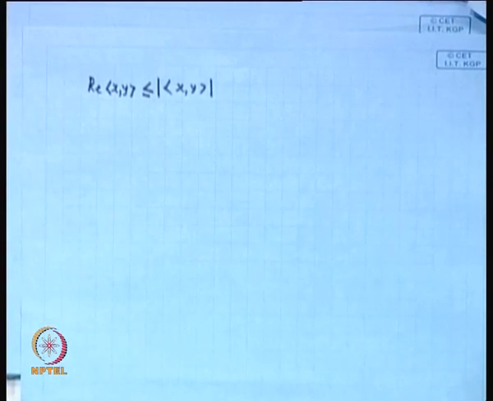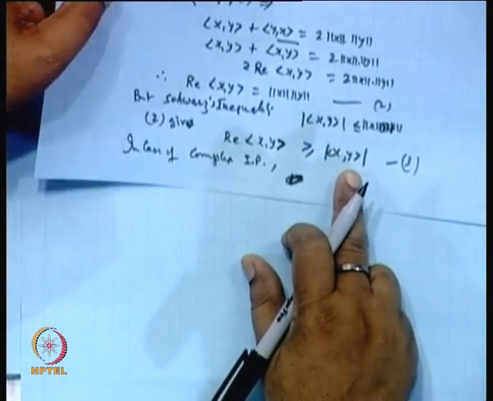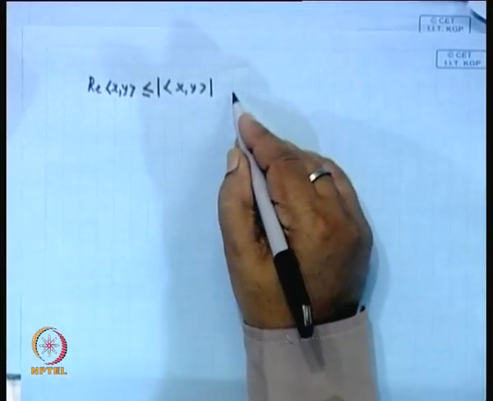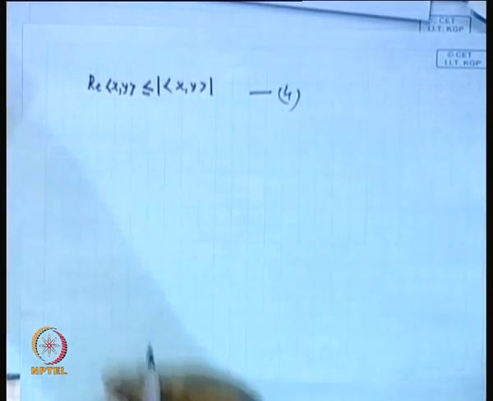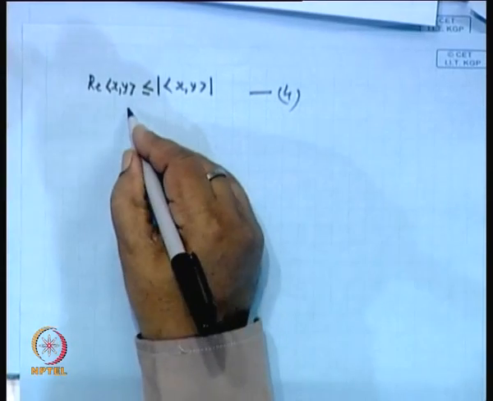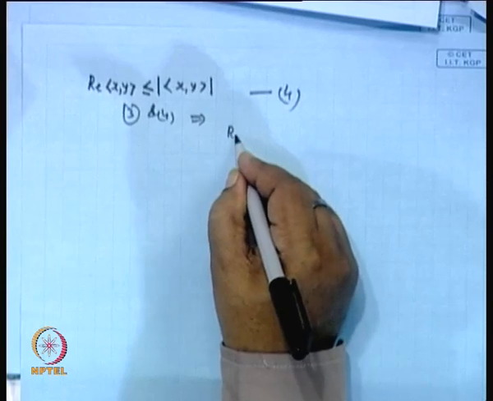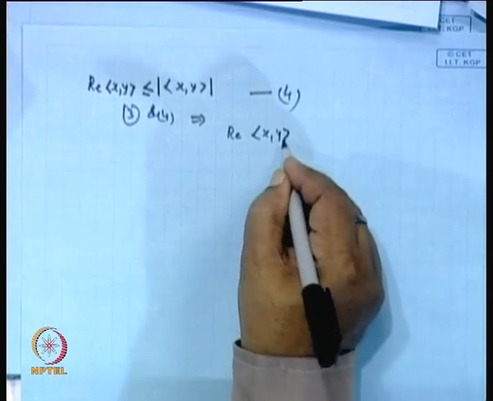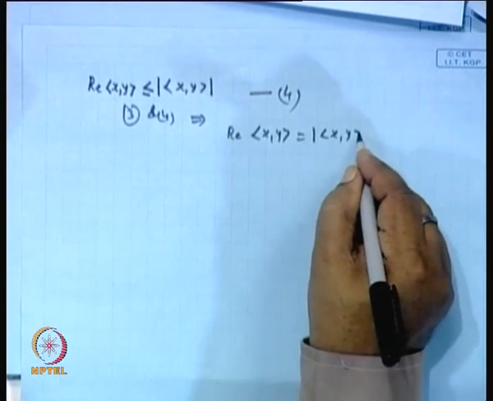Clear? So, here in 3 we are getting the real part is greater than or equal to this, while in this case you are getting the real part is less than or equal to this. So, only the third and fourth show that the real part of inner product x, y must be equal to the modulus of inner product of x, y.